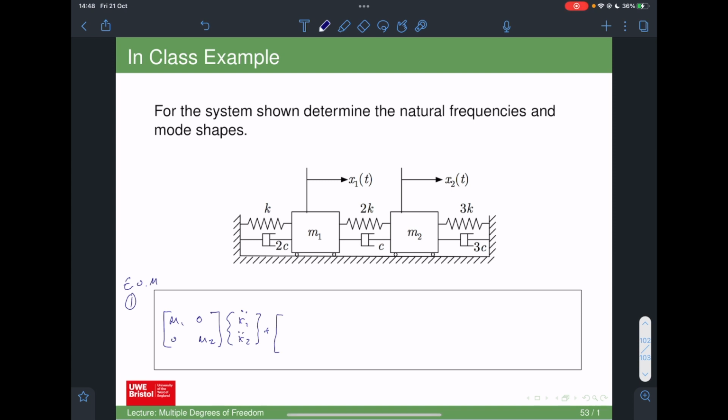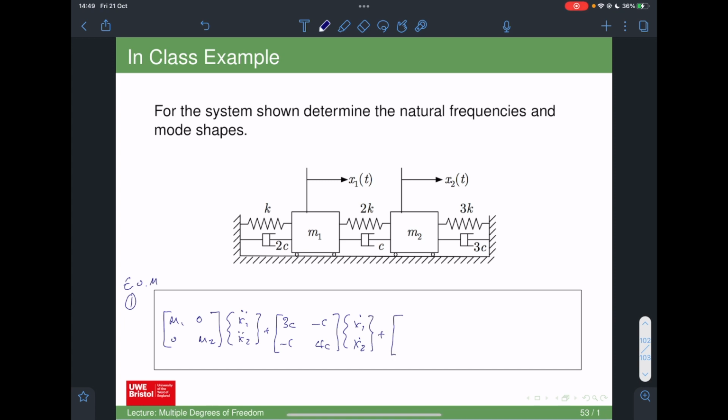And then we've got 3c, and then 4c, minus c, minus c, x1 dot, x2 dot.